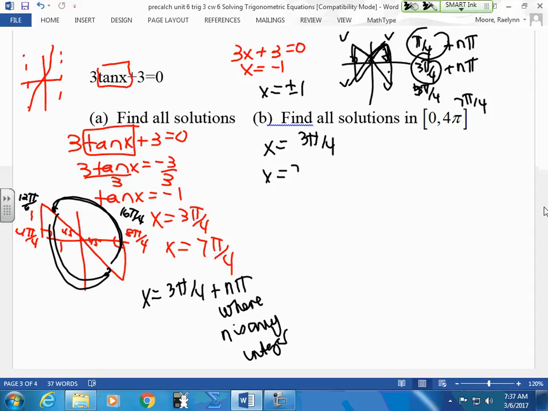I got this and 7 pi over 4. Let's start like this. If I come back around, and this is 12 pi over 4 over here, what's this guy? 11 pi over 4. If I come back around, and this is 16, what is this guy? 15 pi over 4. Agree?